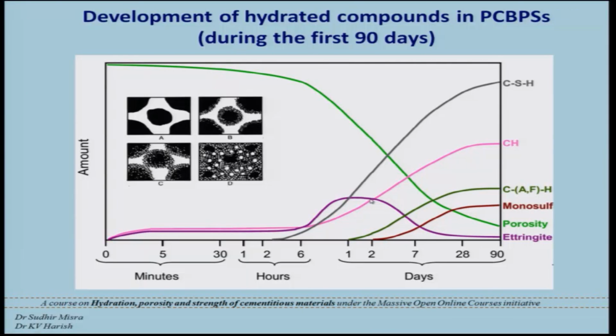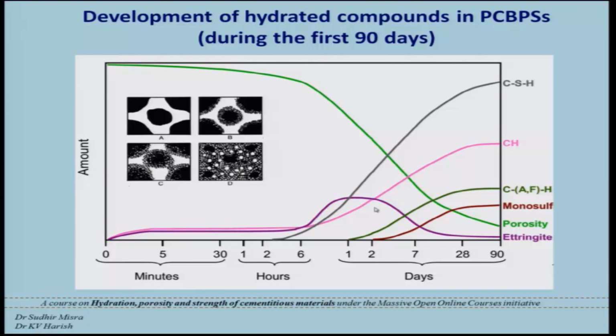And on a closer look at the ettringite quantity, you see that suddenly after 2 days the ettringite quantity decreases steeply and goes to a minimum quantity, say at around 90 days. What is happening is that sometimes if ettringite is available and tricalcium aluminate is available in excess, they both react together and form monosulfoaluminates.